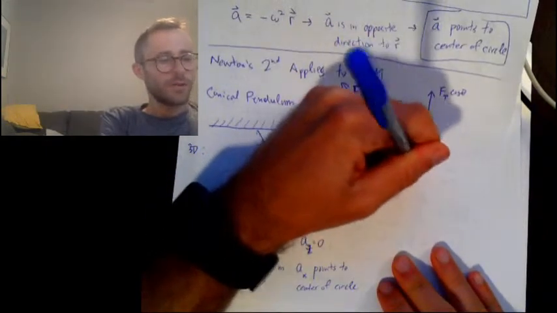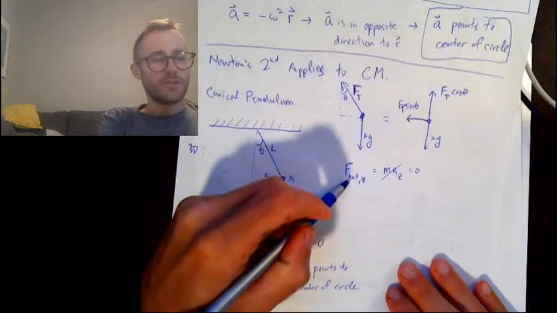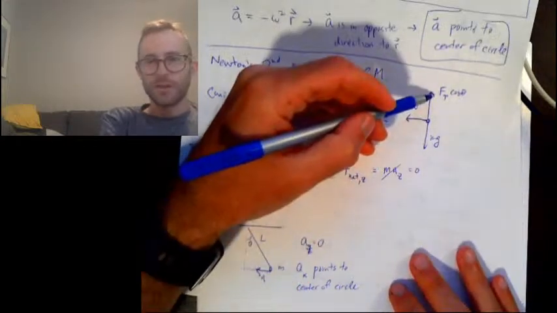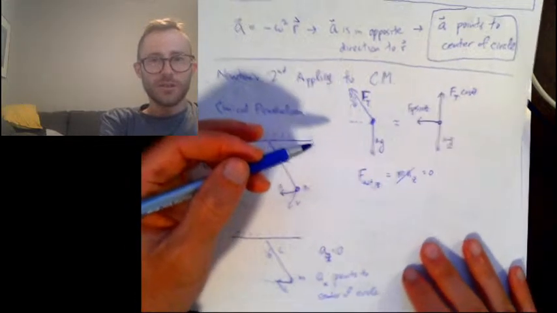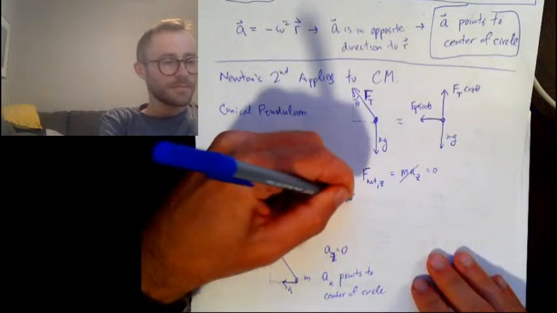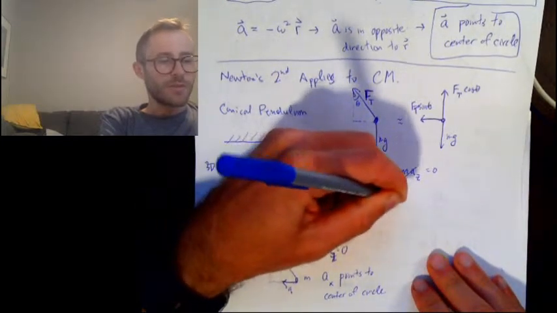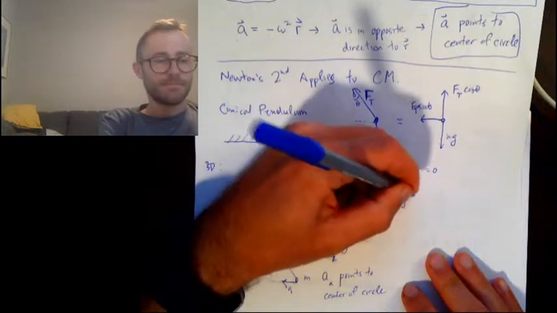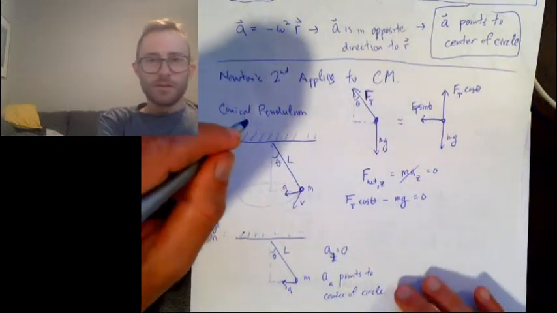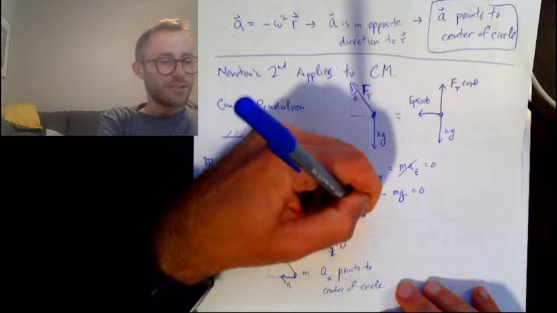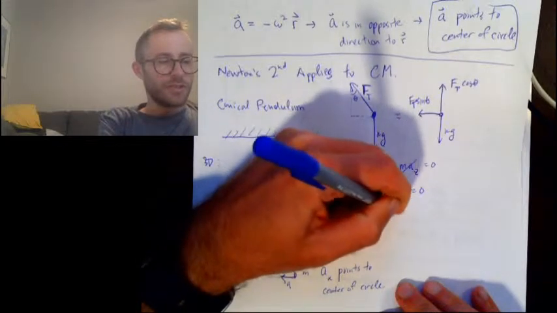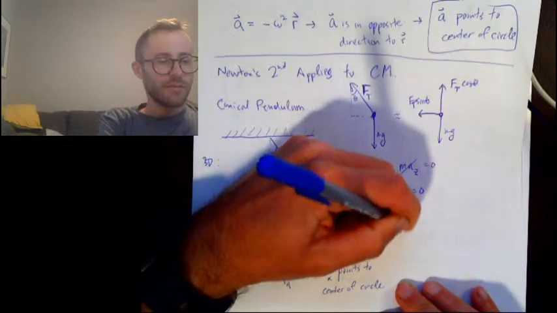Now what is the net force in the z direction? We have an up force of F sub t cosine of theta and a down force of mg. So the tension is equal to mg over cosine of theta.